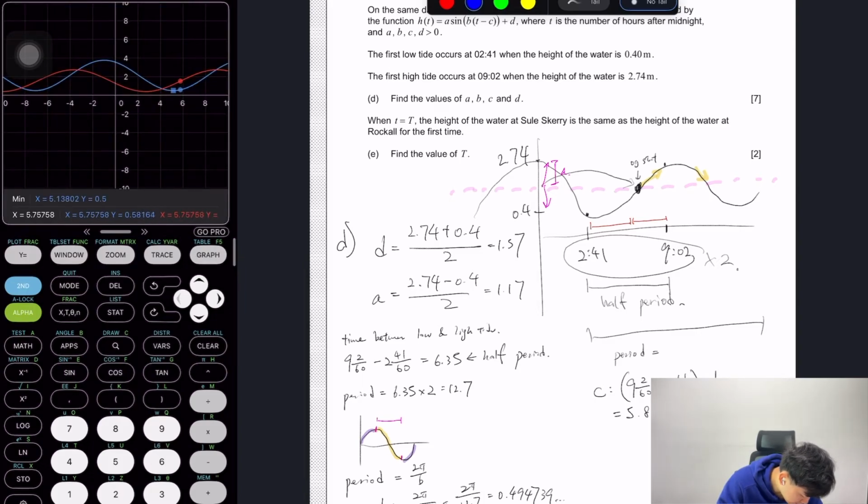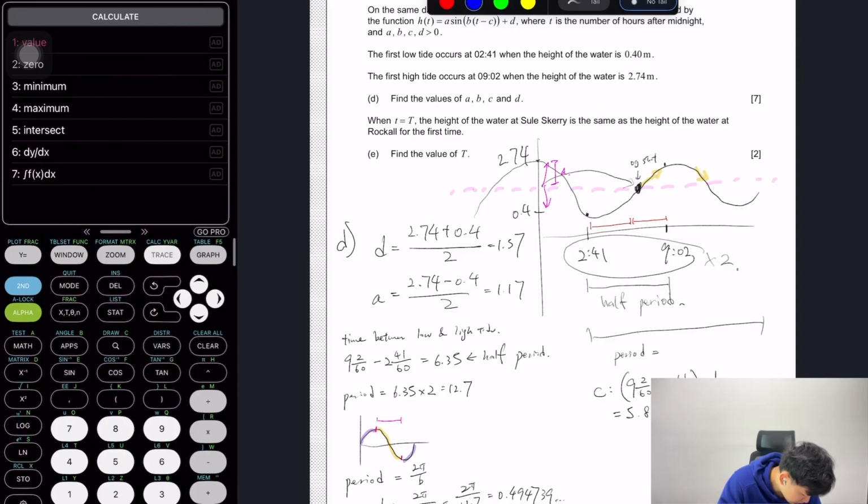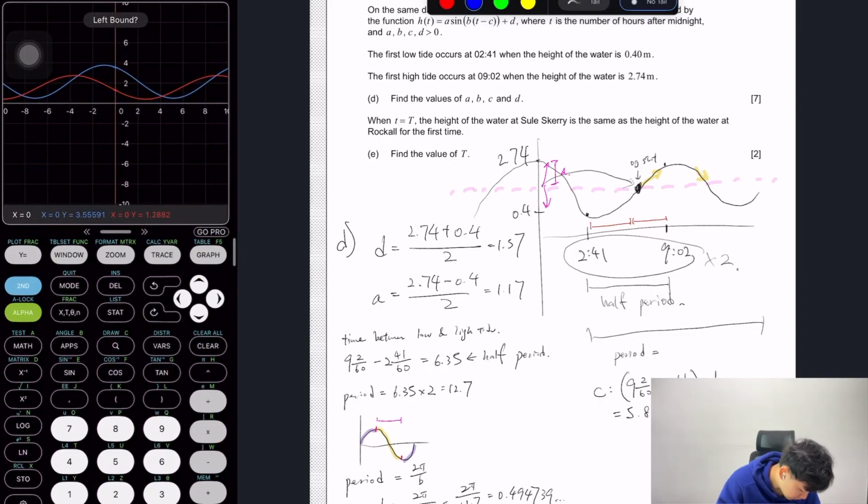Let's find the intersection point for the first time. Trace, calculate, number 5, intersection. Left bound, let's just set it right there, and the right bound is right there.